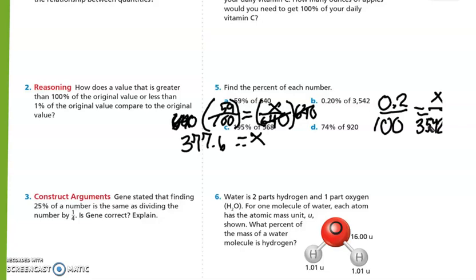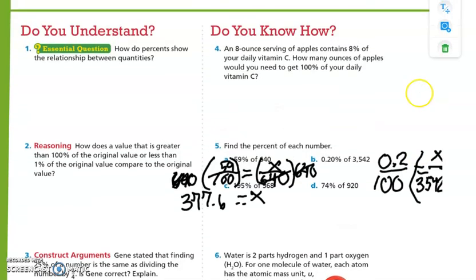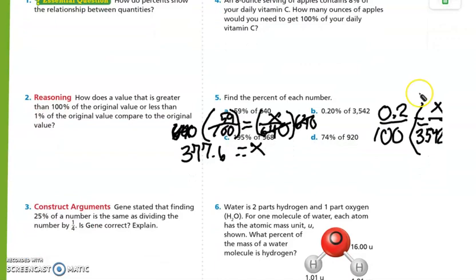What I would do is multiply both sides by 3,542. Don't know why it won't let me write over here. When I solve that, they will cancel. So I'll get X on this side, and then I just need to type in my calculator.